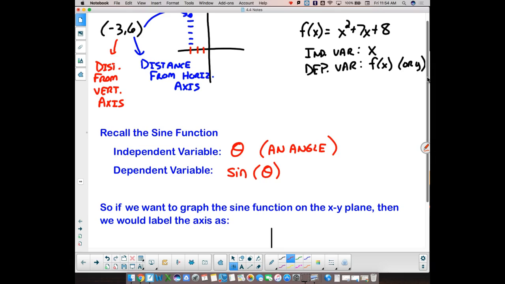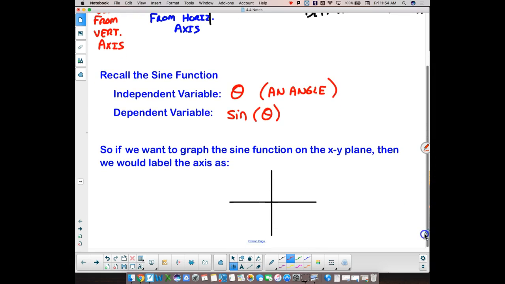So on a graph, because that's what we want to do today, we want to graph the sine function and the cosine function, and that's probably all we'll get to. So on a graph, my horizontal axis is my independent variable, correct?